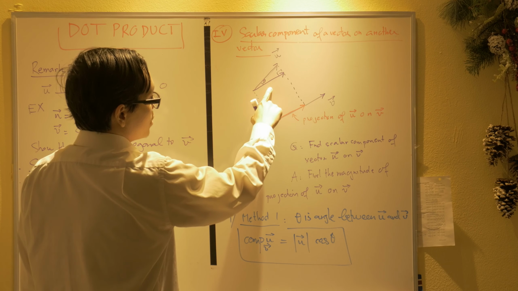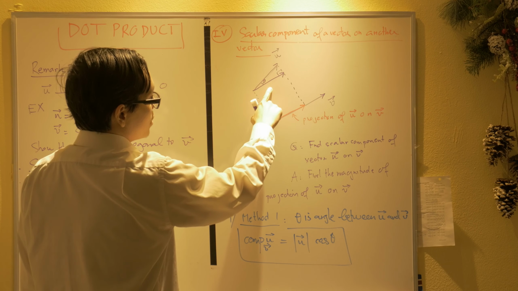The adjacent is comp of u on v, which is the red vector translated to this one.